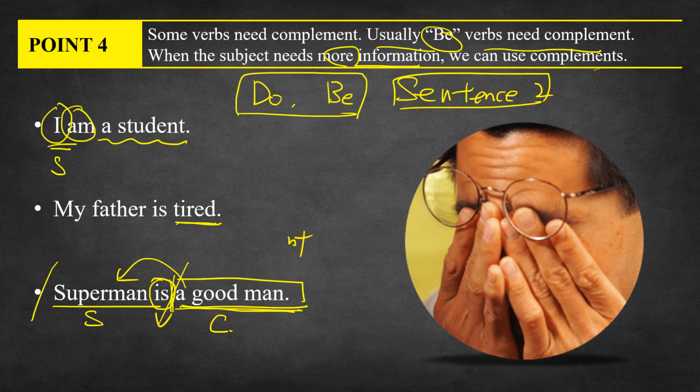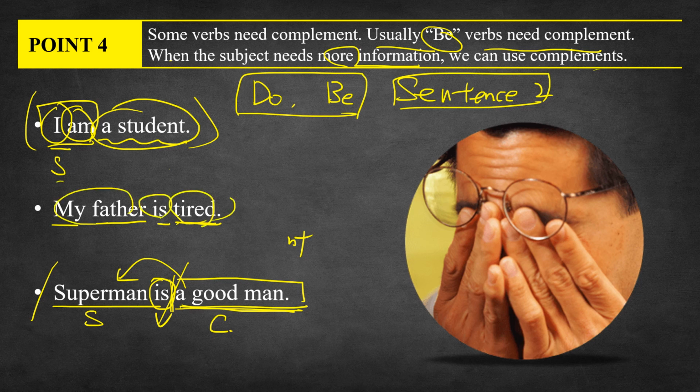Subject, verb, good sentence, but a student can make a perfect sentence. My father is subject, verb, good sentence, but this complement will make the sentence perfect and correct. Superman is, yes, it's a sentence, but it's not a perfect or good sentence. We need a good man to make it a perfect sentence.